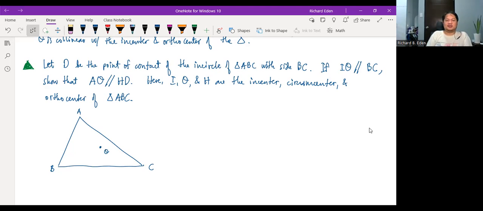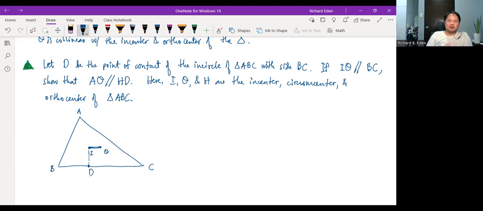Let's say this is the center of the incircle, I. Suppose that IO and BC are parallel. D is the point of contact of the incircle with side BC. So I is the incenter, and the intouch point is here. This is D, because you drop the perpendicular from the incenter to side BC, and then you get the intouch point.